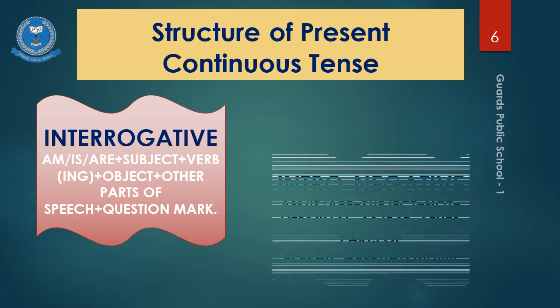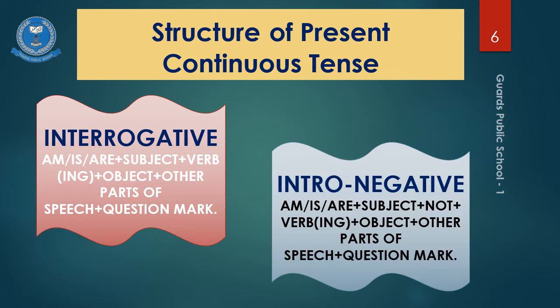In interrogative negative, after am, is, and are, subject is written. Then we write not. After not, we add ing form of verb, and then we write object and other parts of the speech. Question mark is very important here, and we write it in the end.